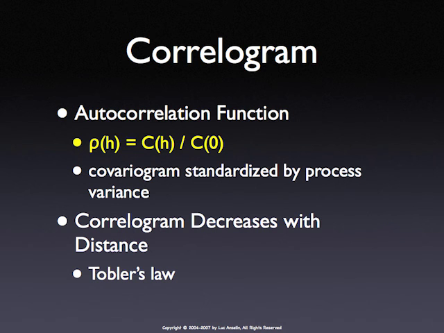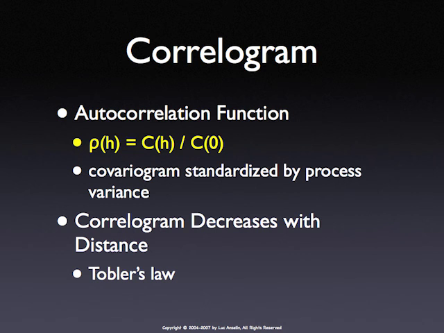This is an auto function. It's the same variable each time, so it's the same variance. So the square root disappears. And that's why we can have C of h over C of 0. So this autocorrelation function we can then analyze as a function of increasing distance. So what happens to the autocorrelation as distance goes up and the correlation decreases?